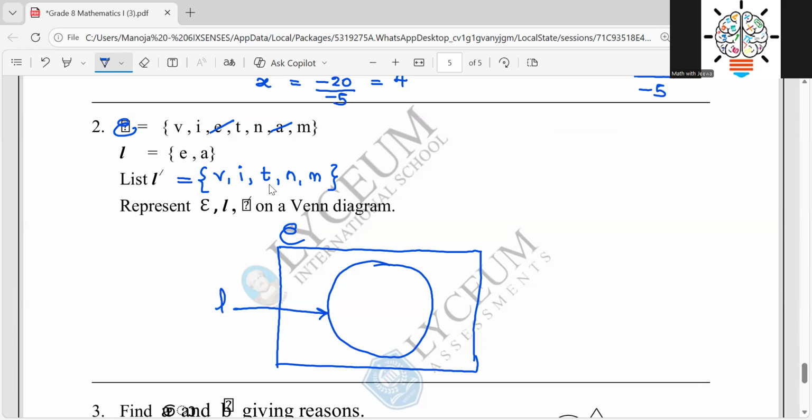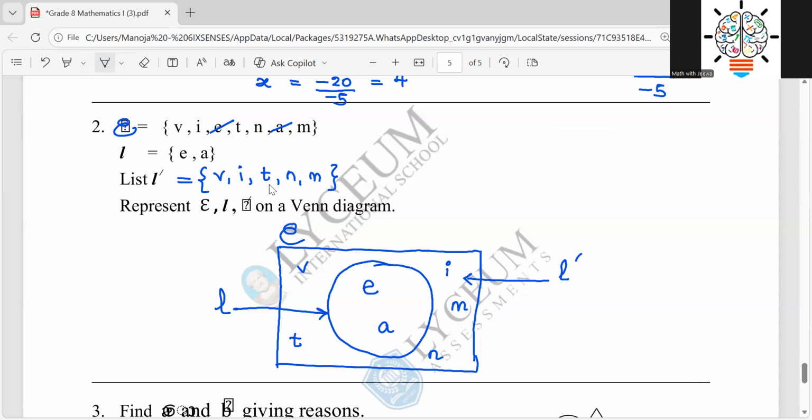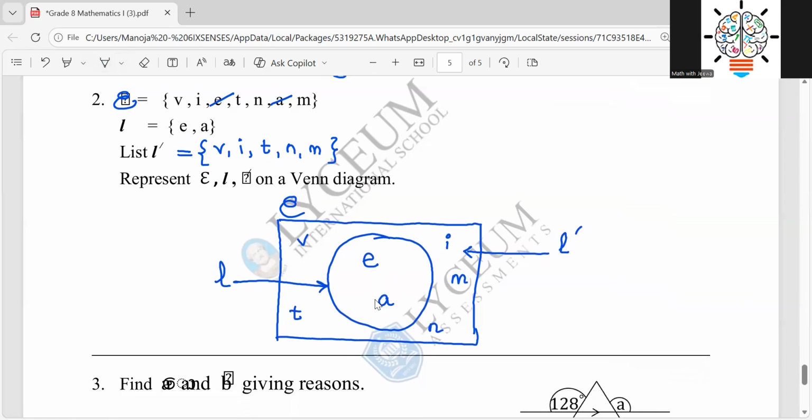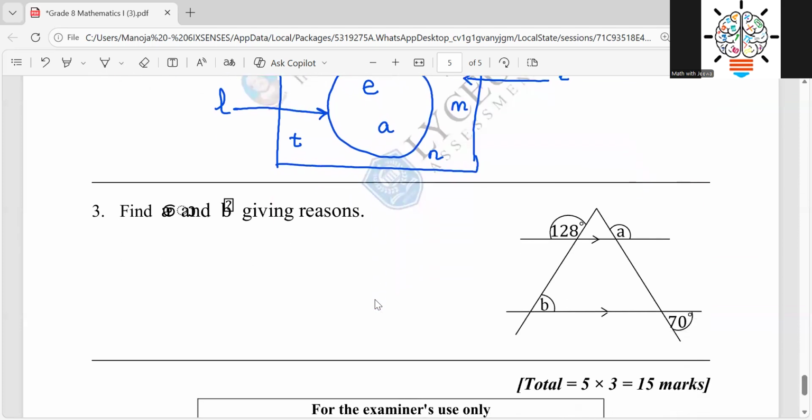And you write it L. So in the L you have letters E and A. Then you write V, I, T, N, M. No order, you can write anywhere. Or if needed, you can mark this as L dash. So this is the completed Venn diagram. E and A they have given. So then the rest of the items should be L dash. So this is how I show.